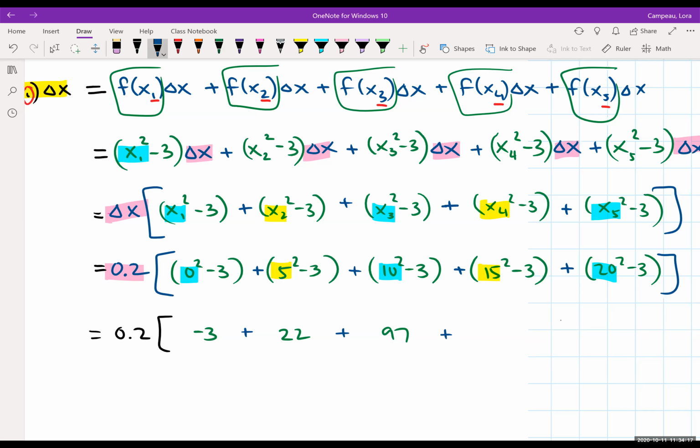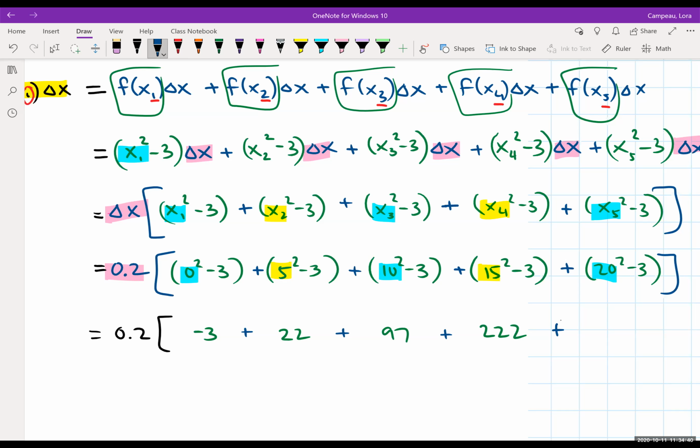Add that. What is 15 squared? 15 squared is 225. I need a little calculator for that, I'll be honest with you. So that's 225 minus 3, which leaves us with 222. And then we have 20 squared, that's 400. 400 minus 3 is 397.